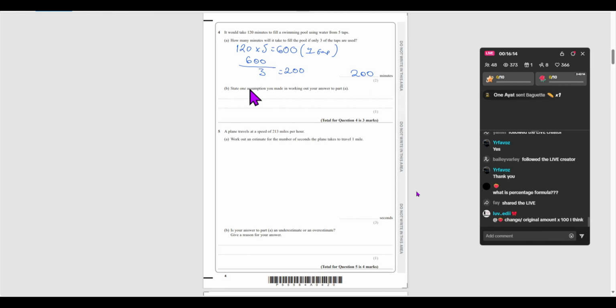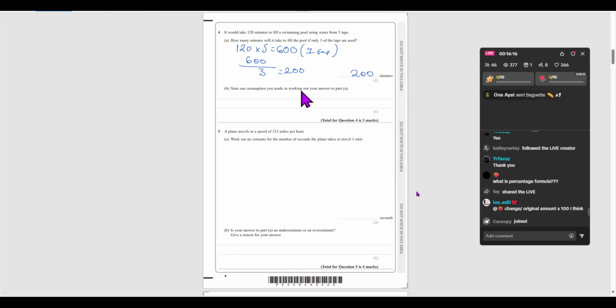Now state one assumption you made in working out your answer to part A. What's the assumption you made?